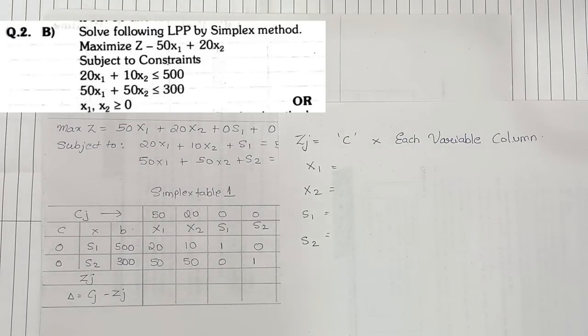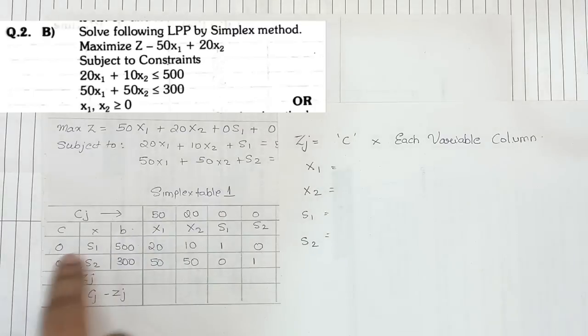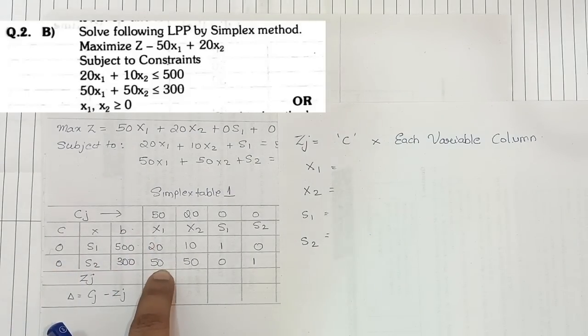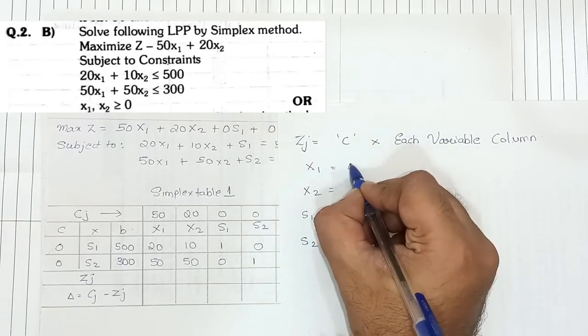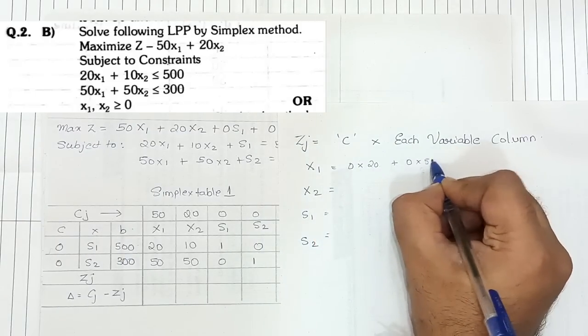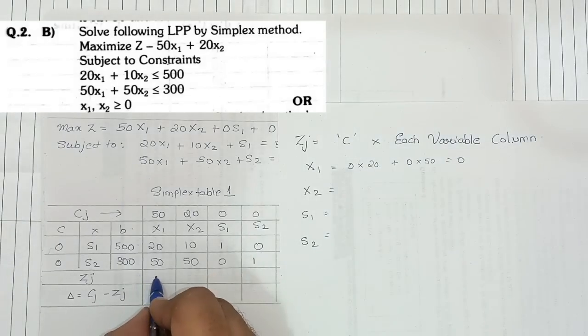So we'll start off now. We have to fill it this way: x1, x2, s1, s2. For x1, to find the value of Zj, see how we have to solve it. C is 0, and for each column's variable, you have to multiply them. So 0 into 20 plus 0 into 50 comes to 0.